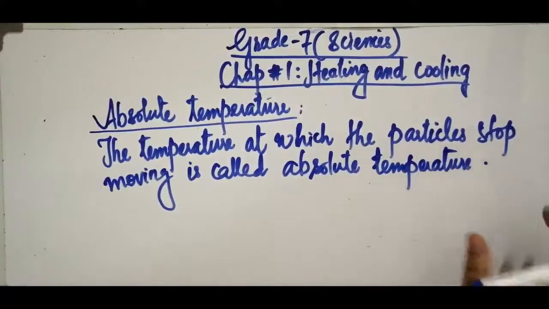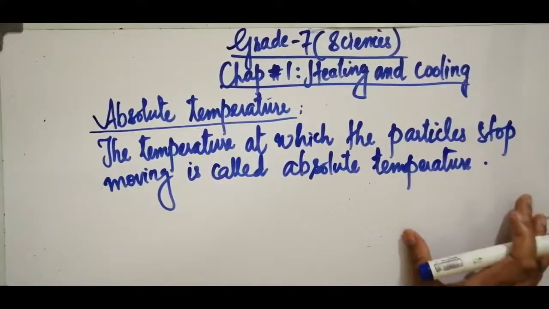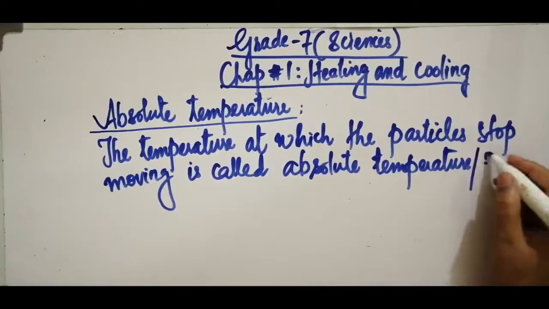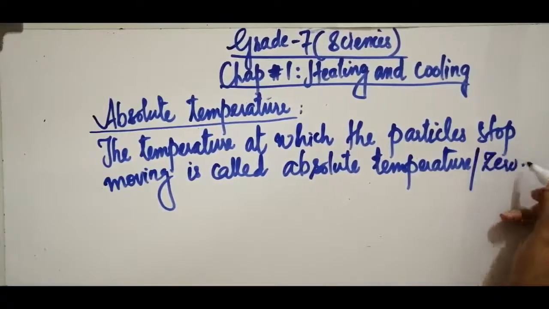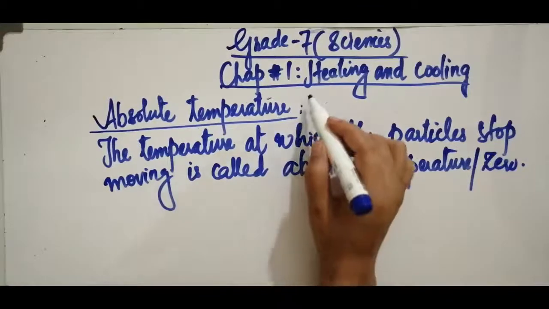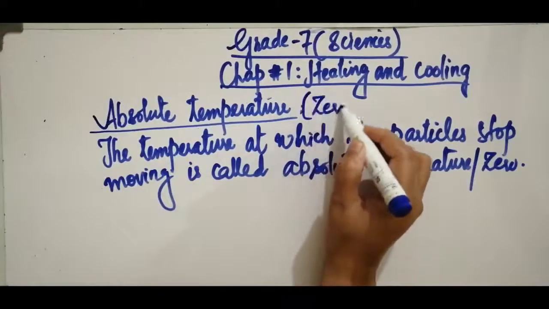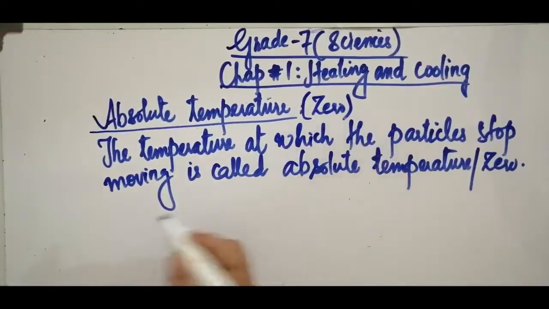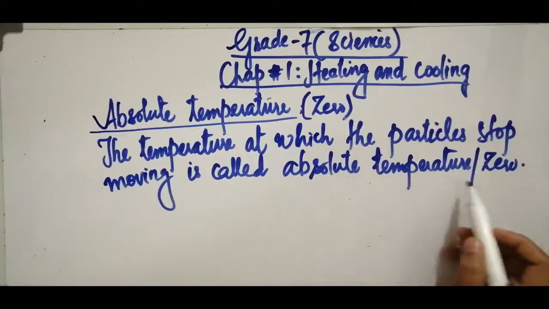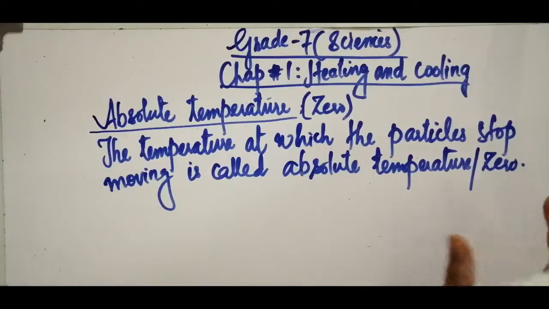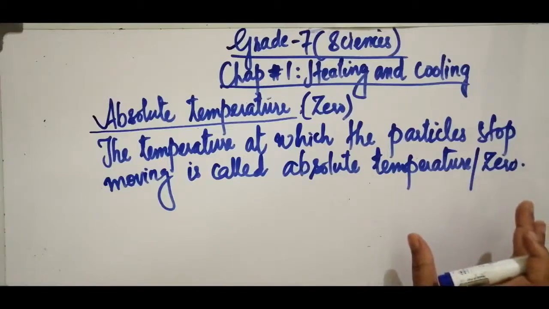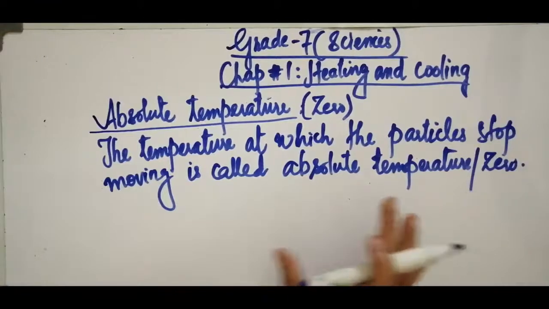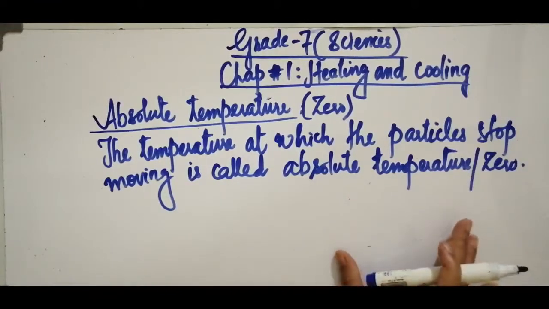Now, exactly at which temperature do you measure this? Absolute temperature is also called absolute zero temperature. Why is it called zero? Because we are mentioning here the absolute temperature scale, the Kelvin scale. Normally absolute zero is the temperature at which a material has no heat energy in it.